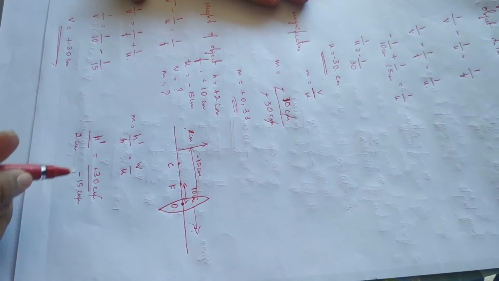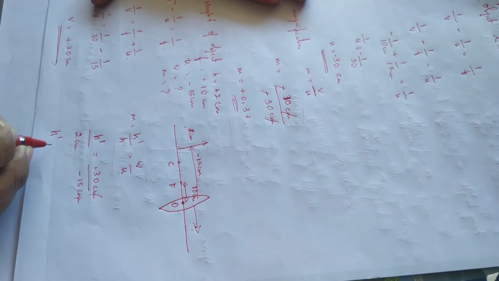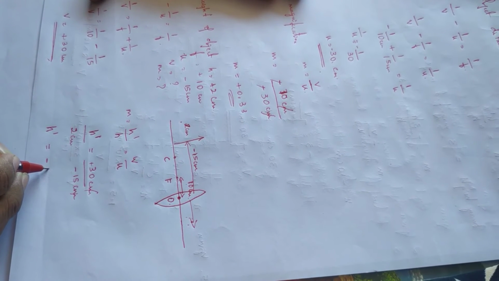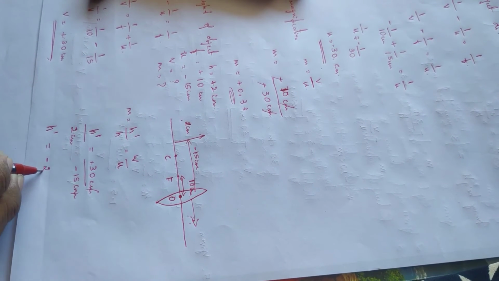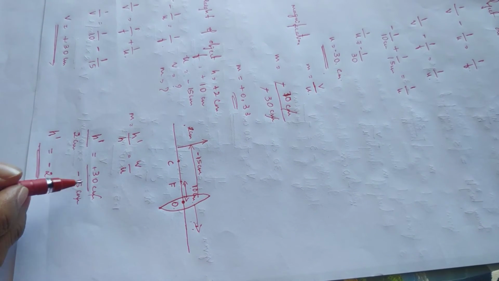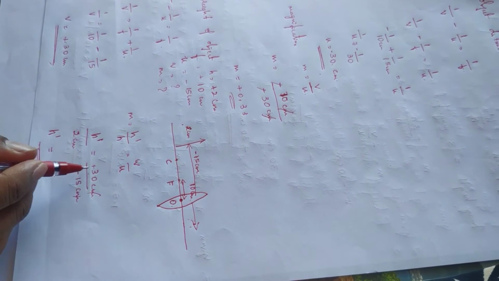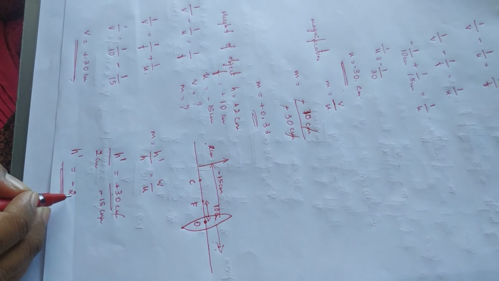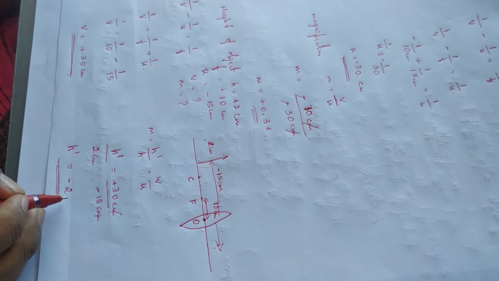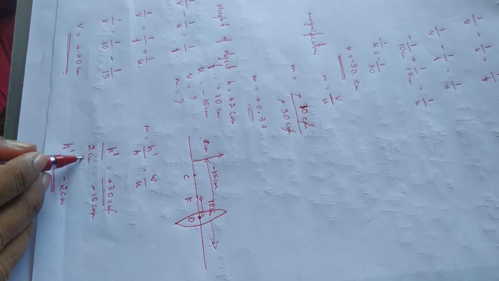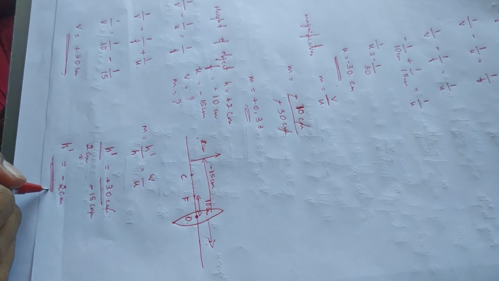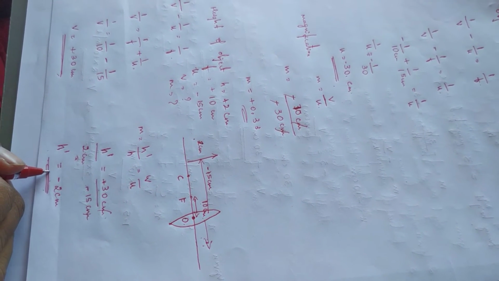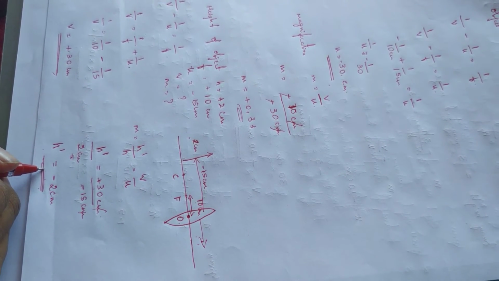So the centimeter cancels, we remain with h dash is equal to minus 2 into 60 by 15. We will have a negative sign because we have positive here and negative here. Therefore we have h dash is equal to minus 2 centimeter. Here the negative sign indicates the image is real and it is formed below the principal axis since it is negative.